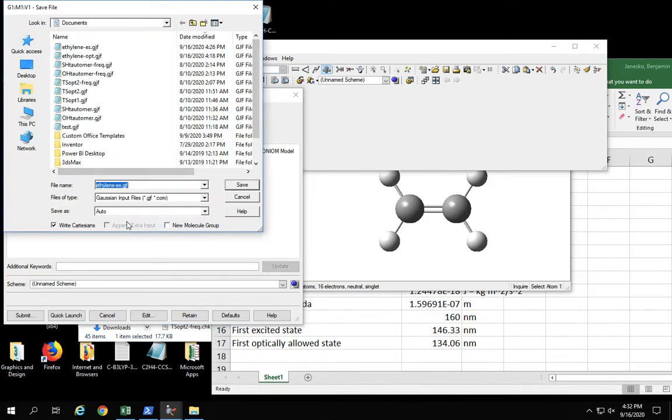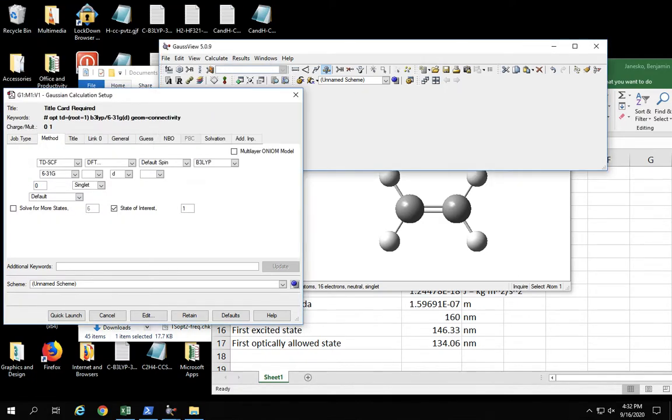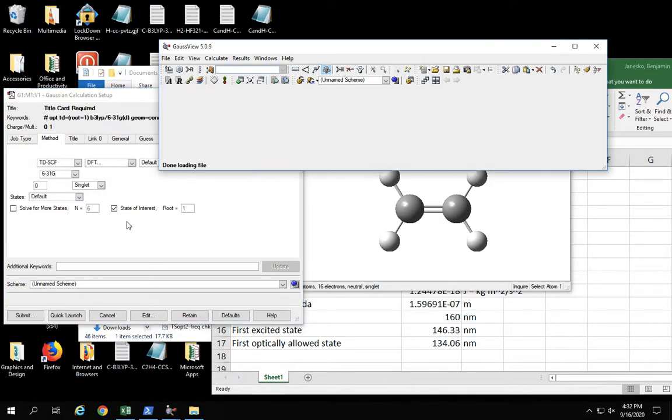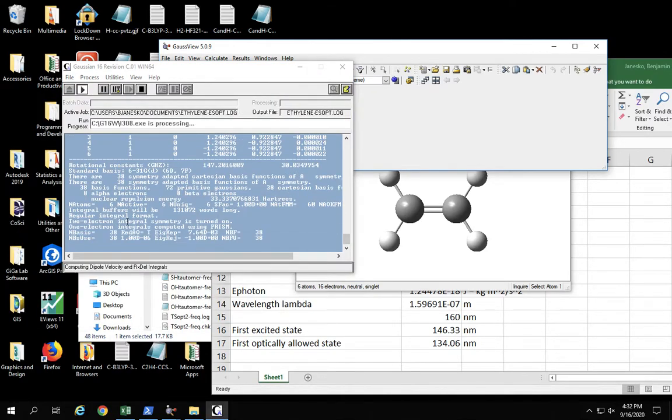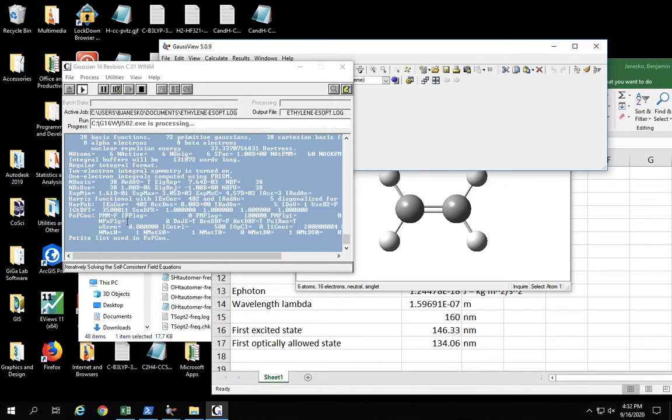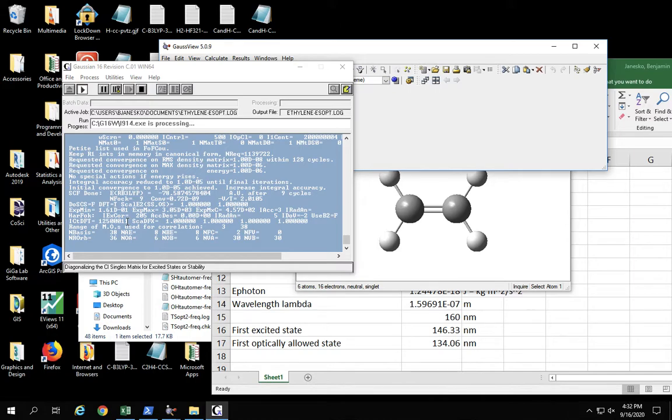Make a new input file. I'm going to call this one ethylene ES opt. This calculation is going to take extra time because I have to do an excited state calculation at each new geometry, effectively. There are tricks you can do to speed it up, but they're not that tricky. So it's going to take some extra time to do an excited state geometry optimization.